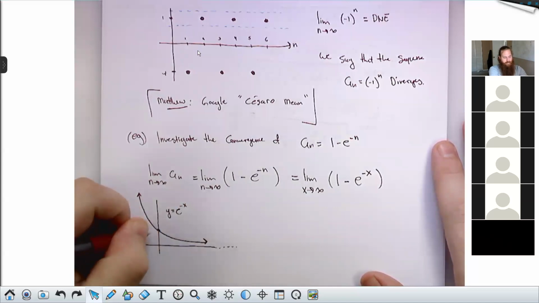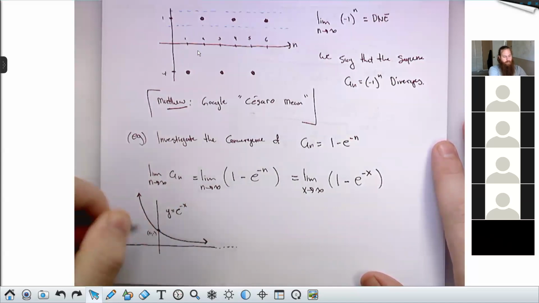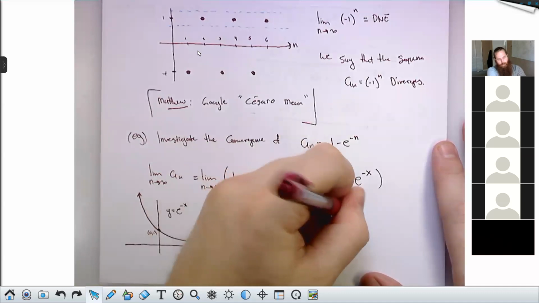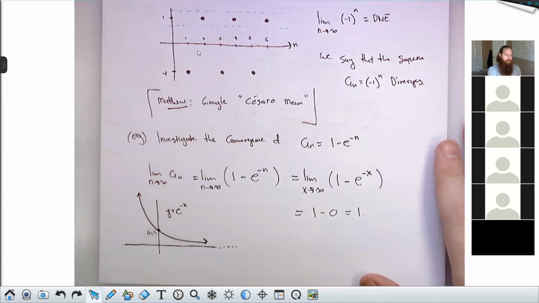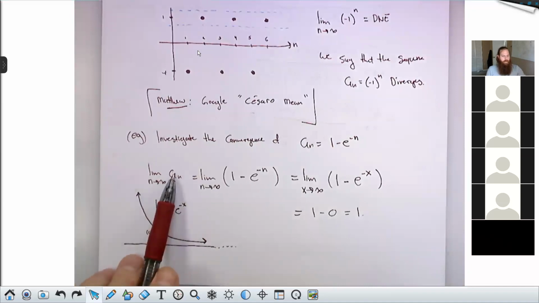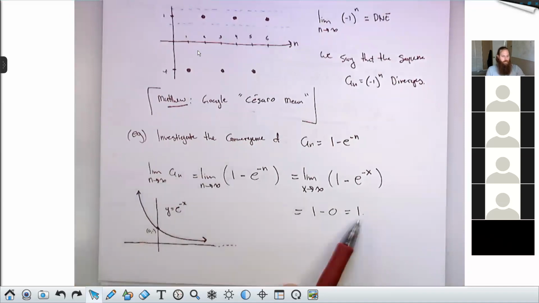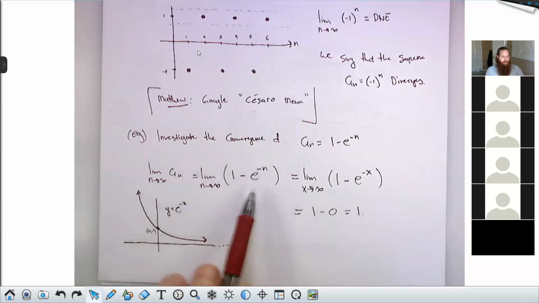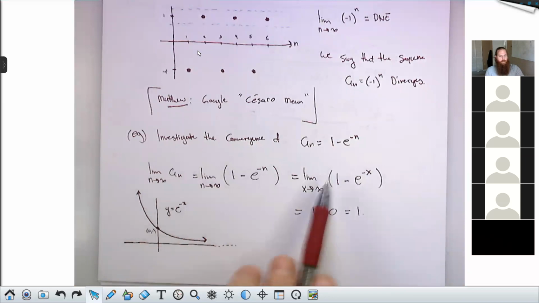Okay, so to 0. Yeah, this goes to 0. So this is 1 minus 0, or 1. So the limit of the sequence a_n is 1. How did we get there? By thinking about the continuous function 1 minus e to the negative x.